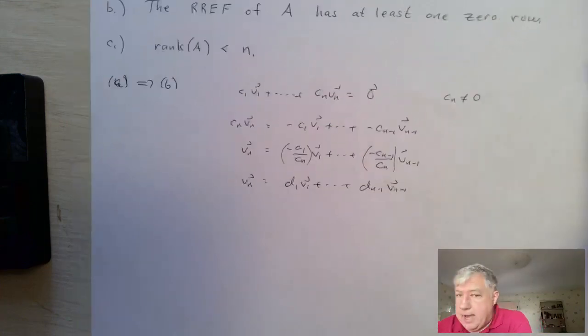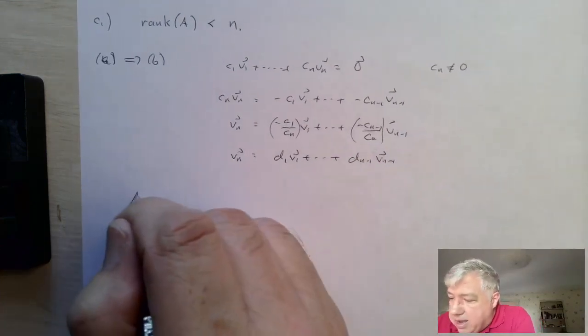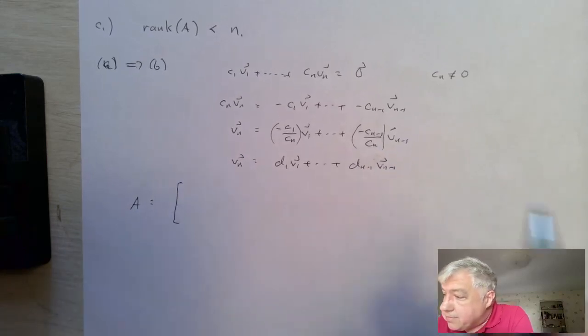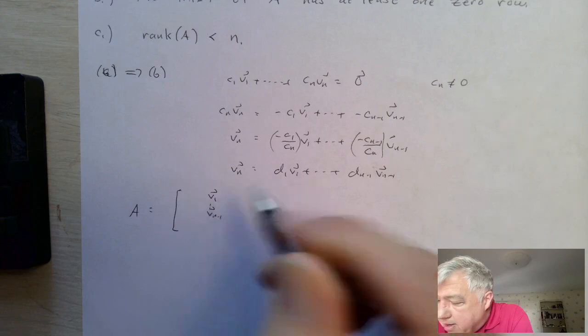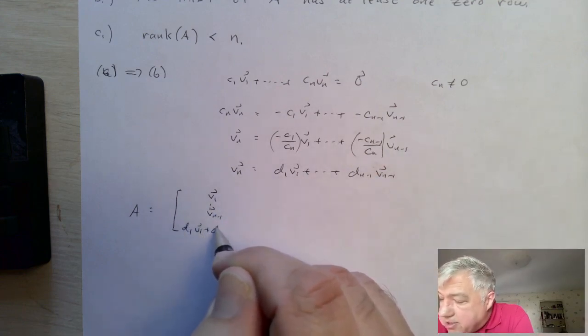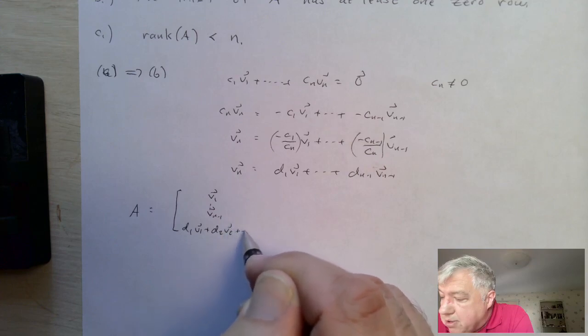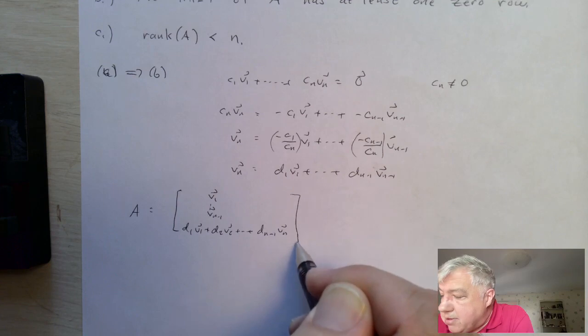Okay, and then now A is going to be V1 through Vn minus 1, and then the last row is going to be D1 V1 plus D2 V2, and so on up to Dn minus 1 Vn minus 1.